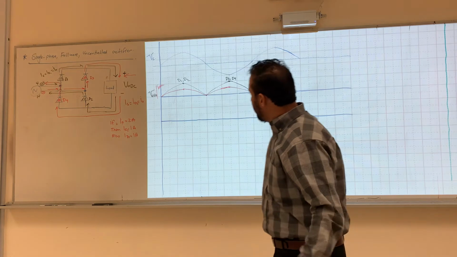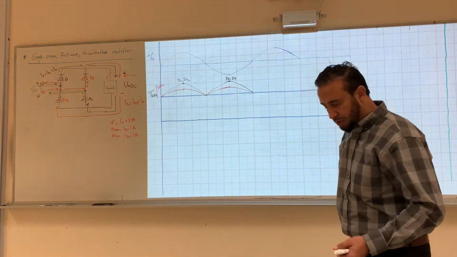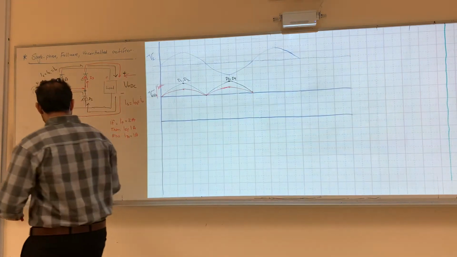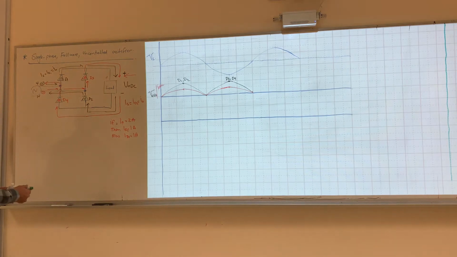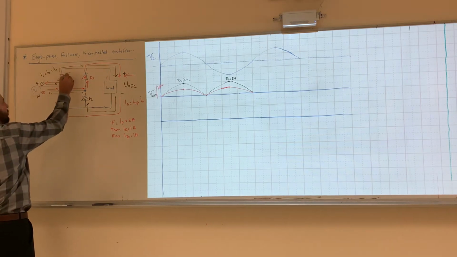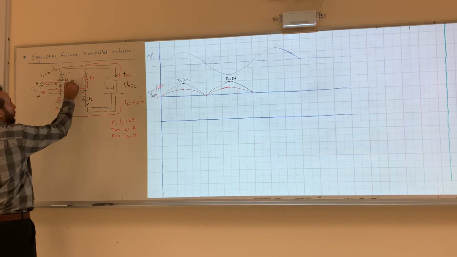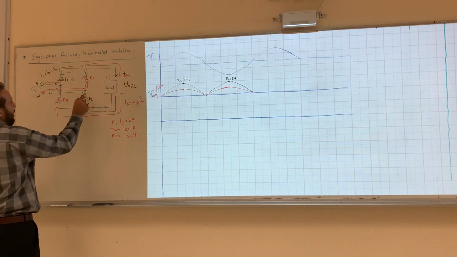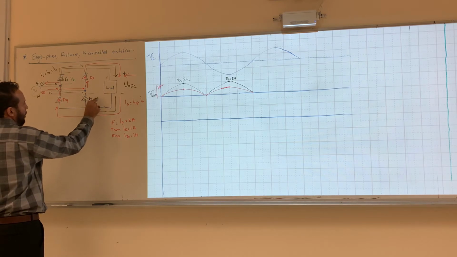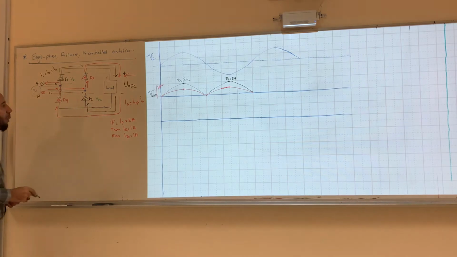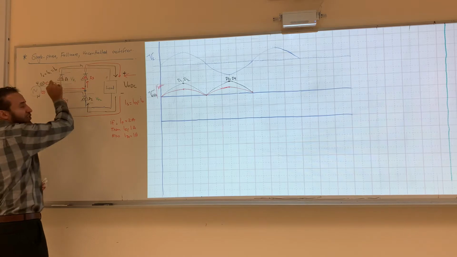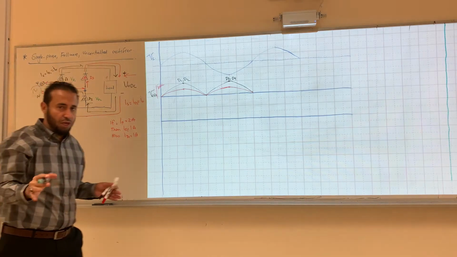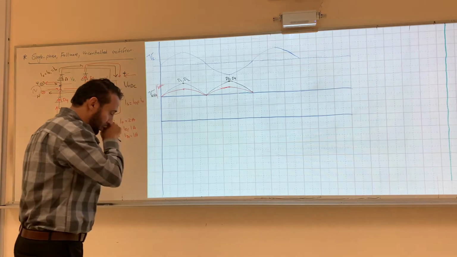Okay, if we want to draw the voltage across the diode, which is called V diode 1, of course, it will be the same as V diode 2. Because if there's current through this diode, means there's no voltage, as we know from before.